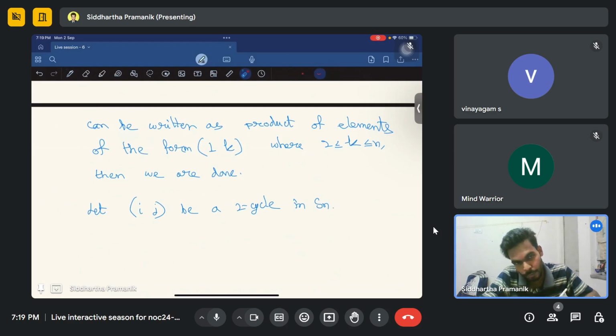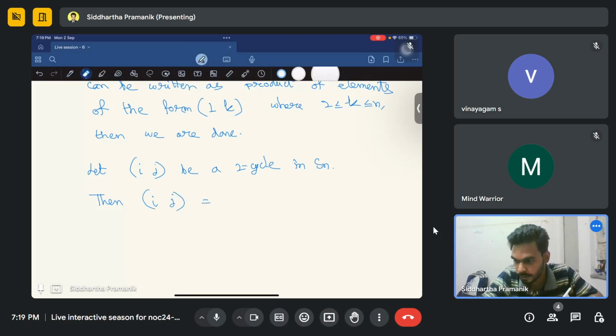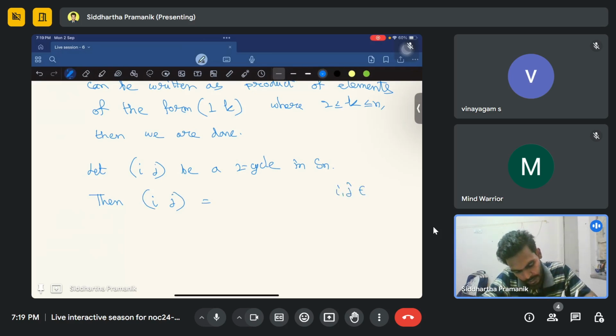So we need to prove this can be written as a product of this type of elements. So observe that this cycle can be written as, now i, j clearly belong to 1, 2, up to n, right? Because it is an element of Sn.